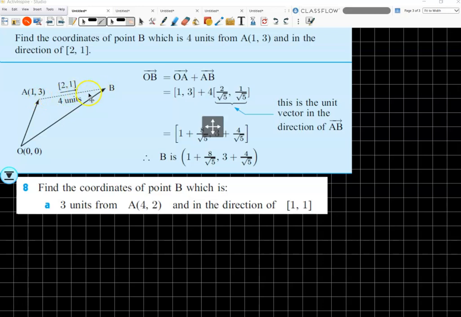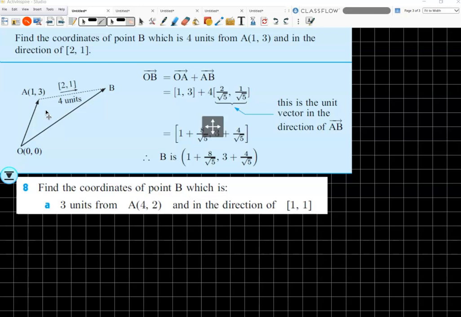So let's go back. How do I find a vector that's a certain number of units in the same direction as another one? Try not to look at the answers. Pardon? Times what by 4? Think of the strong sun. Unit vector, the rays.